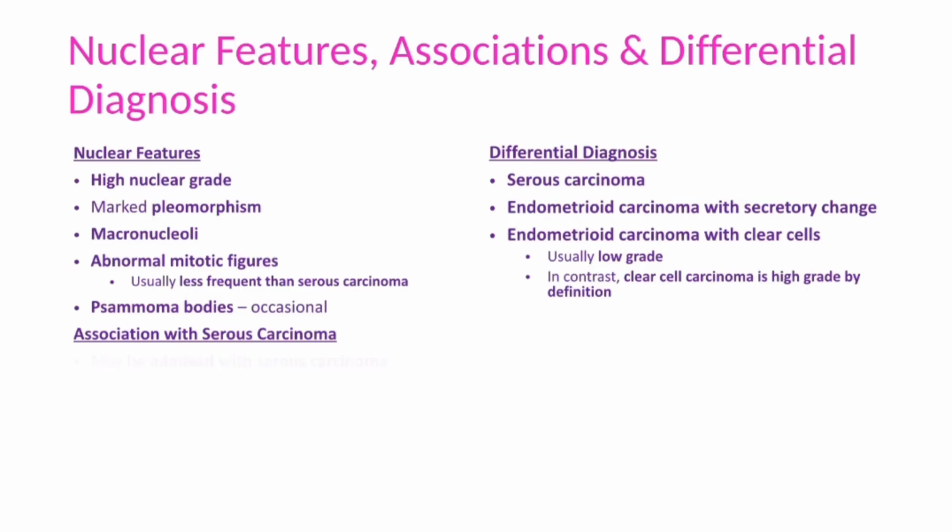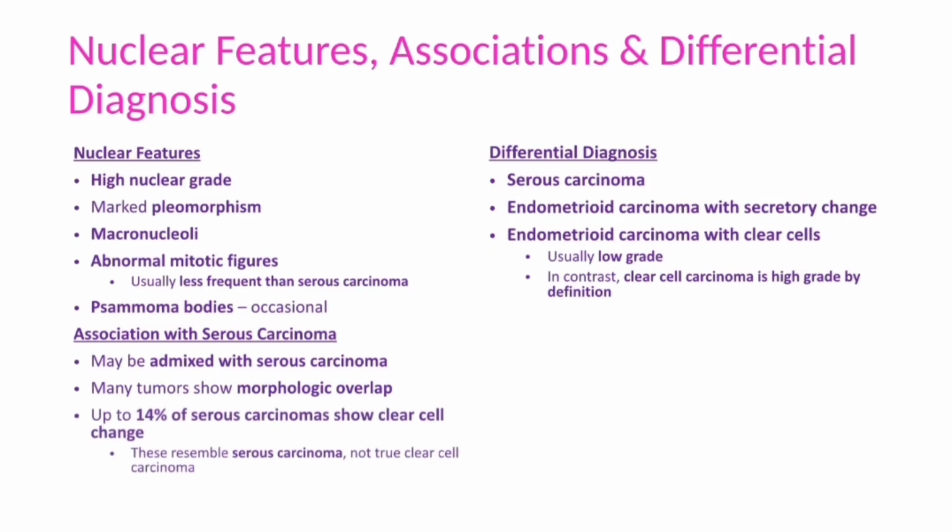As for its association with serous carcinoma, we have to differentiate whether it is admixed with serous carcinoma or there is morphologic overlap, and up to 14% of serous carcinomas show clear cell change. These resemble serous carcinoma, not true clear cell carcinoma. So we have to be careful when we go for this type of overlap.